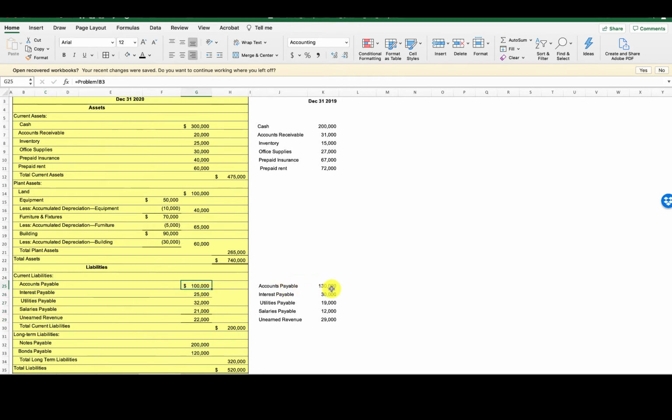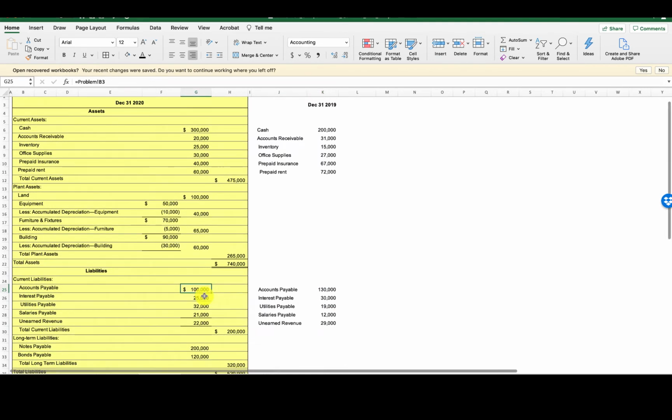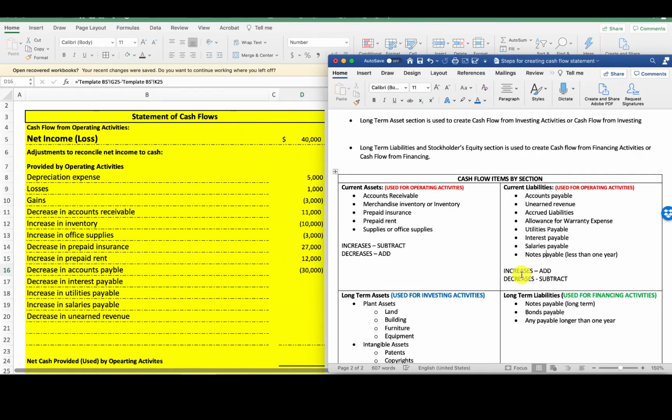So in 2019, we had 130,000. And in 2020, we have 100,000. So we decreased accounts payable by 30, right? So if we decrease by 30, what do we do? We subtract 30,000. Okay? Why? Because the rule says if it's a decrease, you subtract.